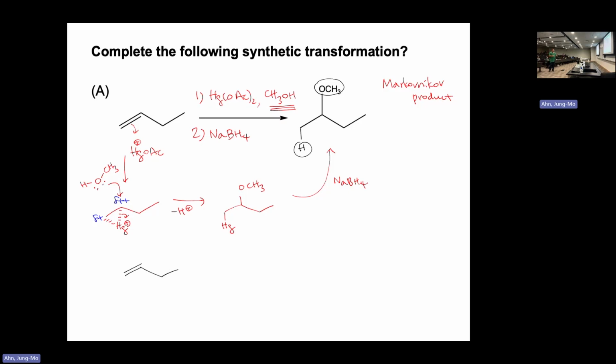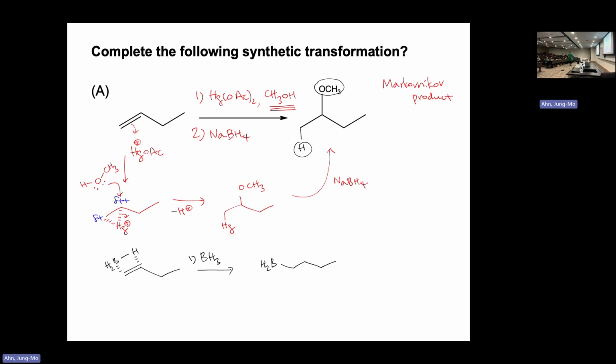But as I said, what if you choose a wrong reagent? Let's say you do the hydroboration to that. Hydroboration works a different way. It adds H and BH2 at the same time, hydrogen on the more substituted side, BH2 goes to the less substituted side. It's because of steric reasons.